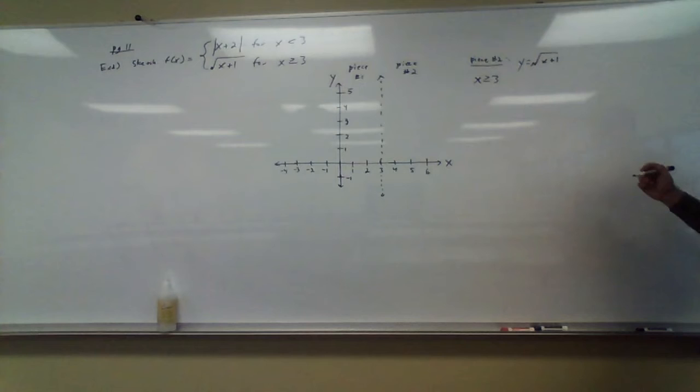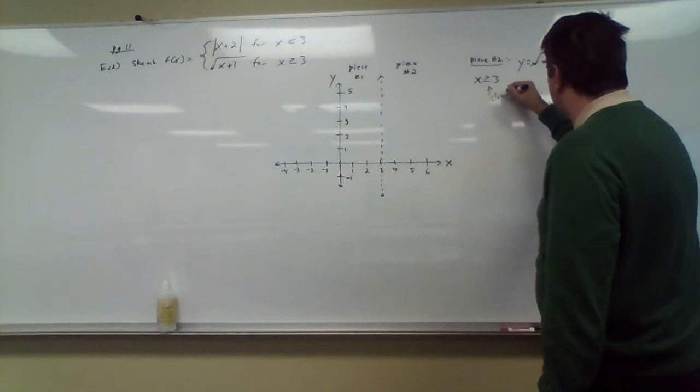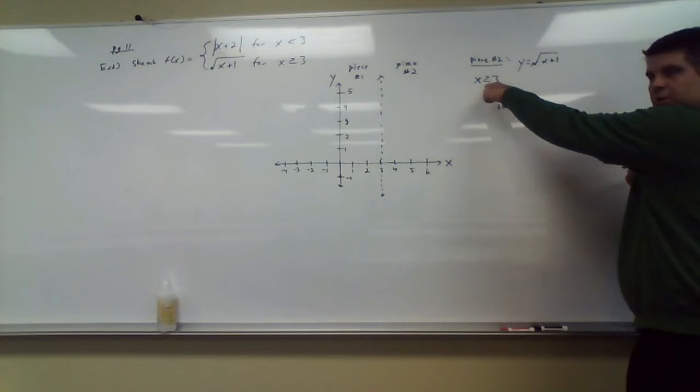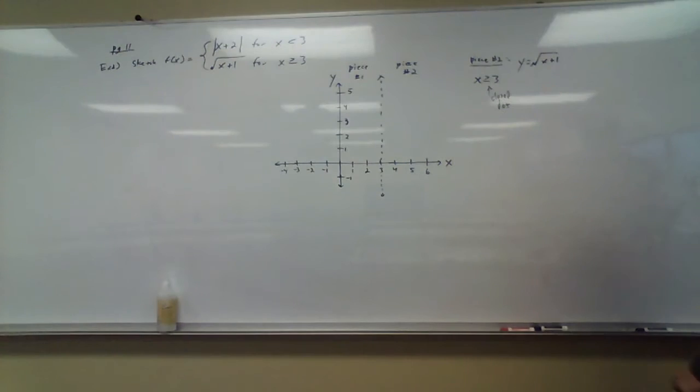Okay, so there will be an endpoint, and that's going to be a closed dot because of the "or equal to." If it was a strict inequality sign, it'd be an open dot. You'll see that next.